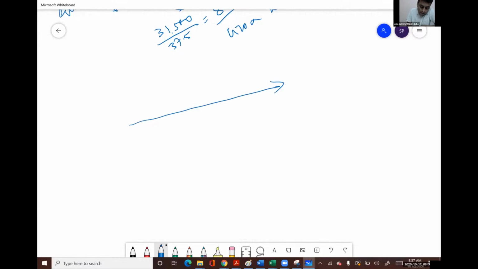Simple logic. All the calculation you did, Banashankari to Marathahalli, 50,000 is the cost. Sir, when we did 31,500 divided by 150 students, we got 210, sir.